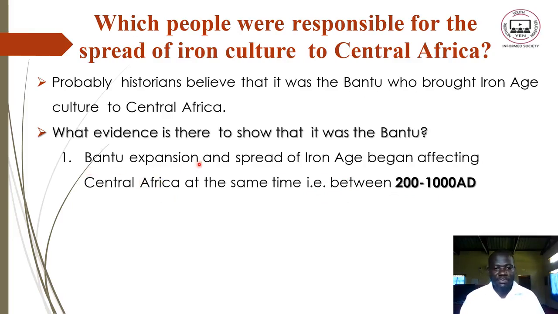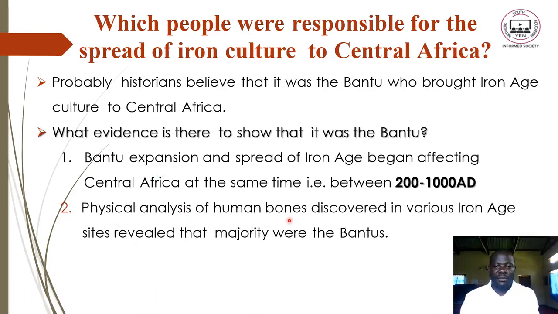So we are saying that when the Bantu society started to expand, when the Bantu started to migrate, it was still at that time when iron started to be spotted in some parts of Central Africa. For that reason, we see that maybe as the Bantu were moving and expanding, they were the ones who were also spreading the iron working culture.